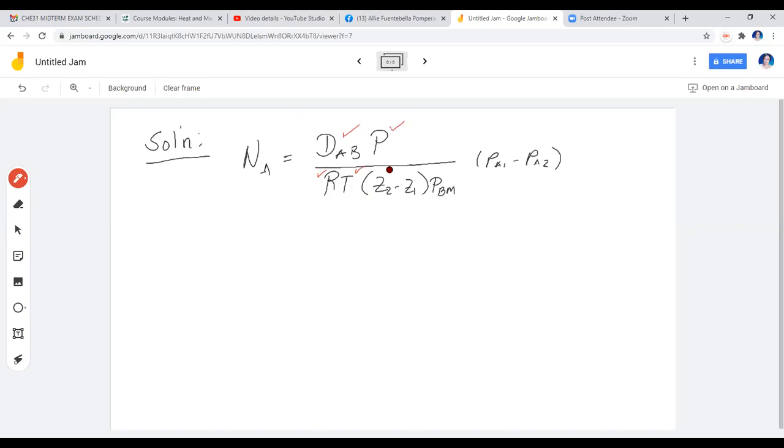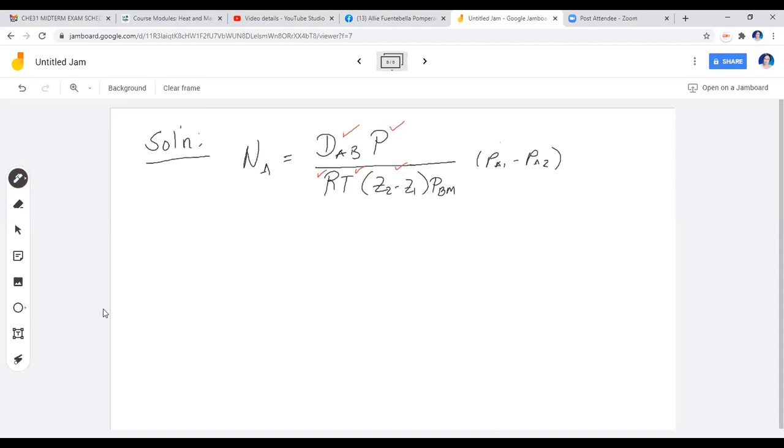As for the length of the diffusion path, this is given as well. And the partial pressures of A at points 1 and 2 are not given, together with the log mean pressure of B. So in this case, we will need to determine first those that are unchecked. That way we can substitute everything into our formula.